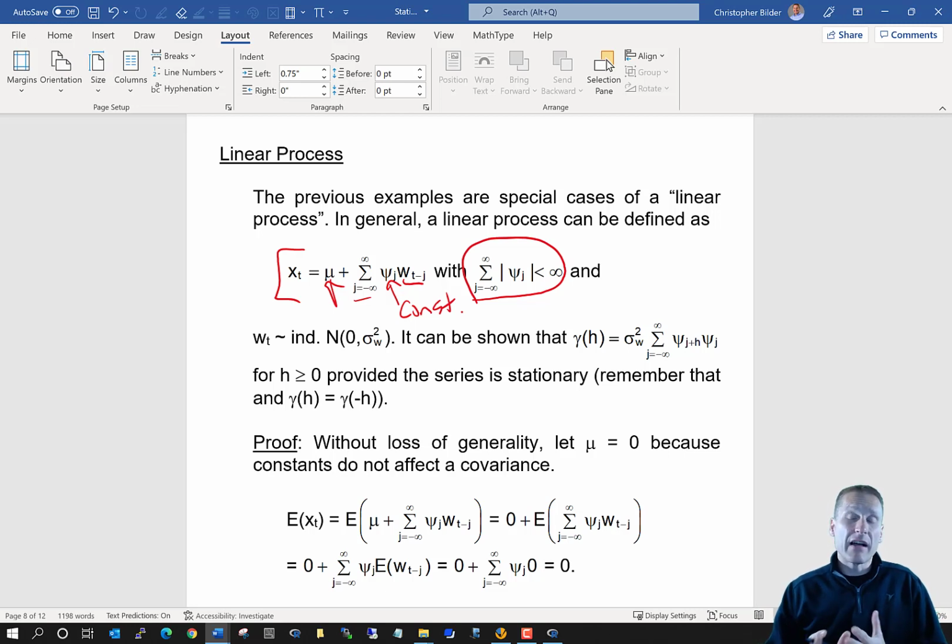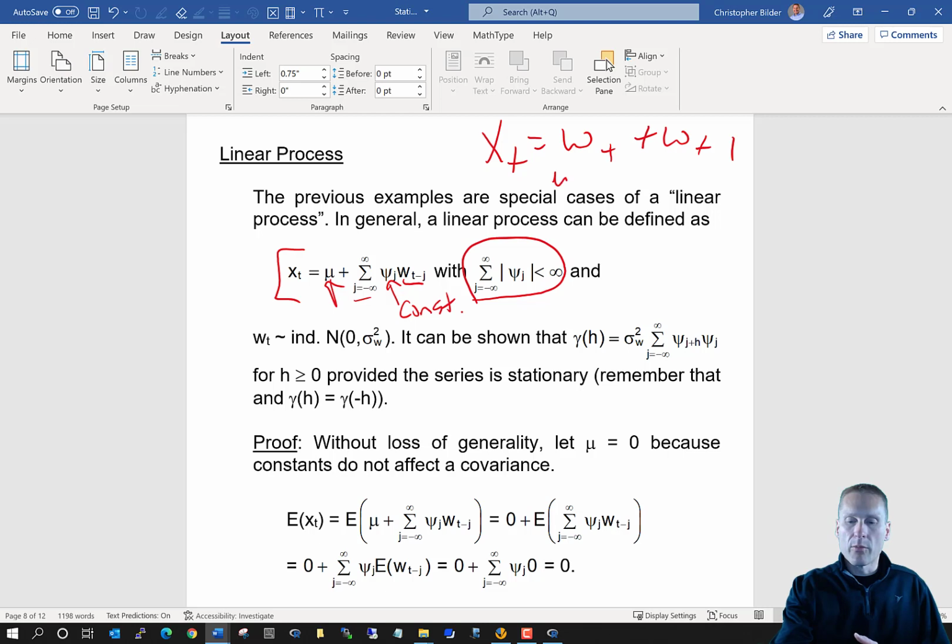Okay, so a very simple assumption that we need to have. So that's a very general way of looking at a linear process. So for example, we just saw this linear process where mu was equal to 0, and we see that we have some size out in front of the w's that would be equal to 1.